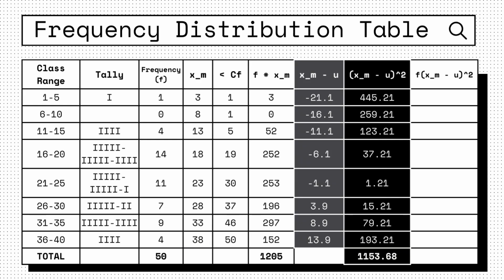For the eighth column, we will need to square each of the answers from column 7, or the x sub m minus the mean, to find the answer for x sub m minus mean squared. So first, we have negative 21.1 squared, which is equal to 445.21.